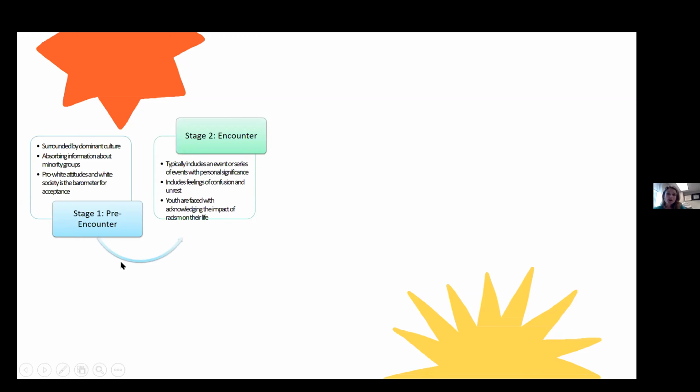Stage two is called encounter, which typically involves a specific event. Most people, and you might want to spend a moment thinking about it, can think back to a time where they first realized their race, and again, this is the specific model for Black identity development. So that's the first experience of racism that has personal significance.